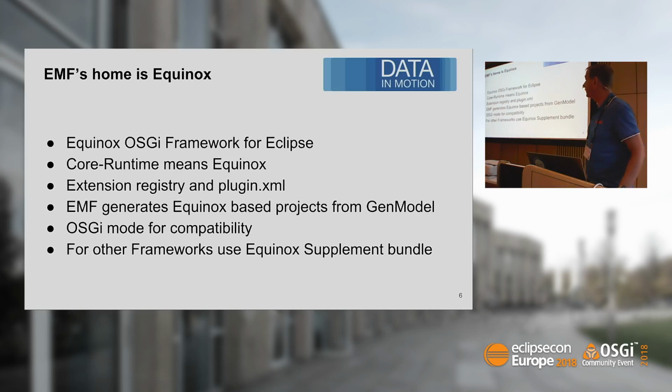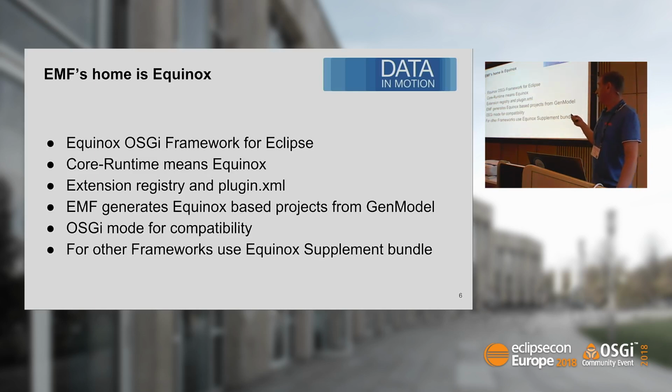So, as I told before, EMF's home is Equinox, the Eclipse IDE. Equinox is an OSGi framework. It's very related to Eclipse. For instance, if you have a Require-Bundle dependency to org.eclipse.core.runtime, this usually means you have Equinox in the dependency tree.